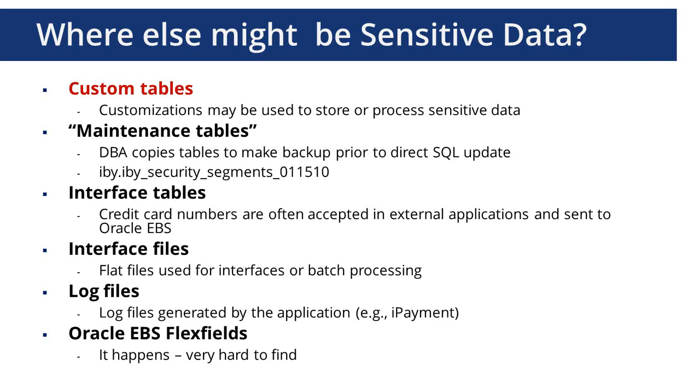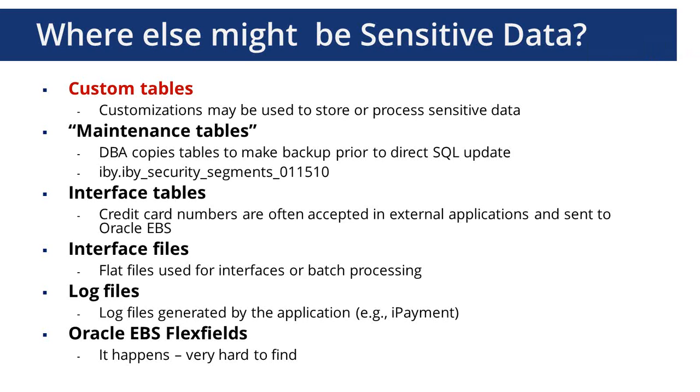Another area is interface tables. Interface tables are supposed to be temporary. You run the interface, and it populates the table. In PCI DSS, most often assessors will accept this because it's only a transient table. You're putting data in there just for a few minutes to run the concurrent manager program, and it disappears. So that's usually acceptable for PCI DSS for an interface table not to be encrypted.